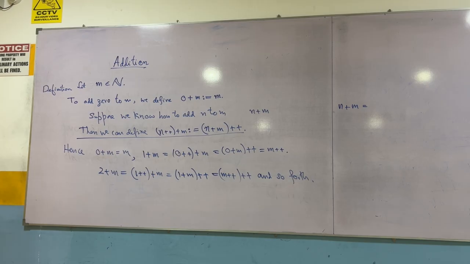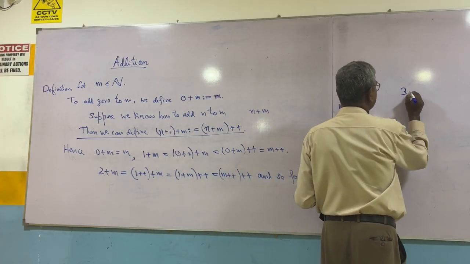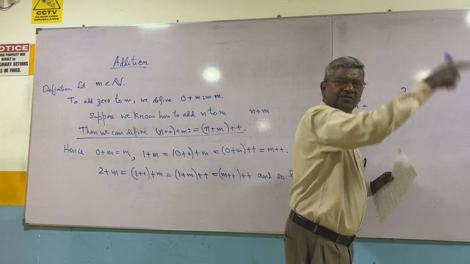This definition is asymmetric. 3 plus 5 is incrementing 5 three times.